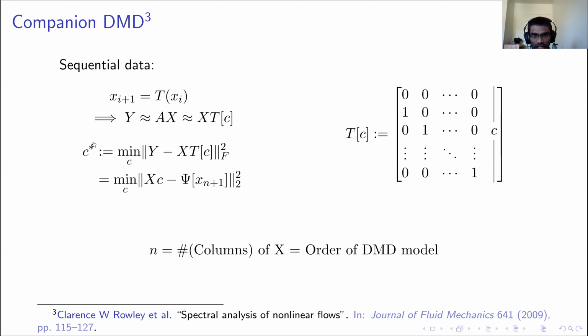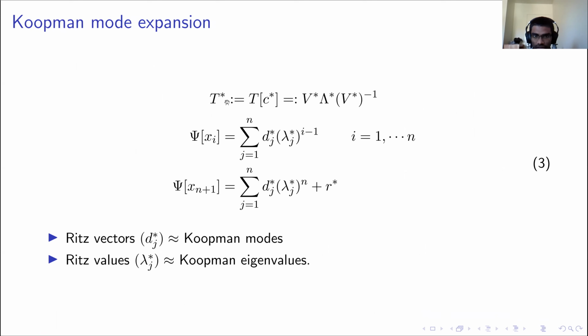Once you have C star, you can use it to find its spectral decomposition, and then use this to decompose your time series as a sum of vectors that grow or decay according to these values here.